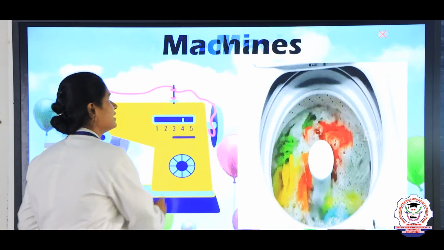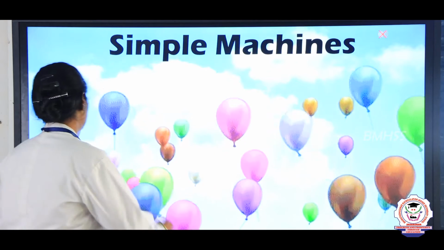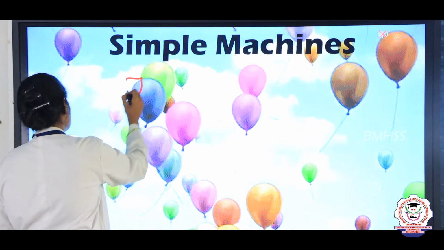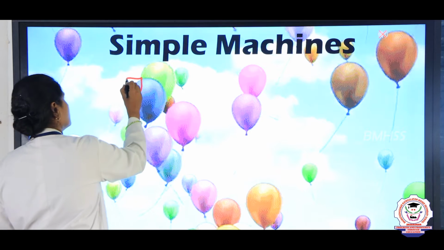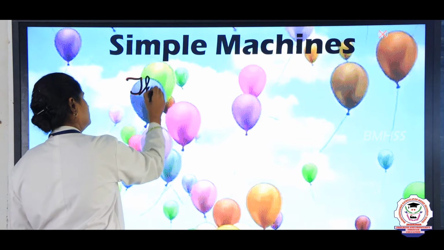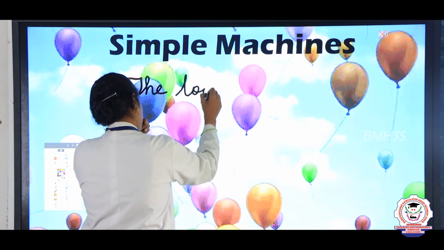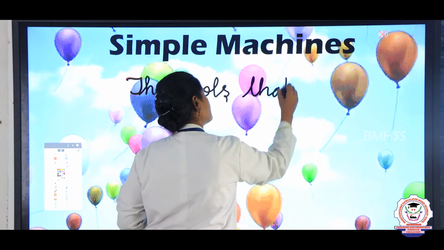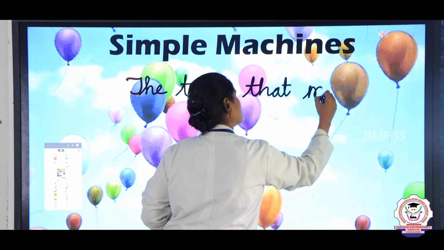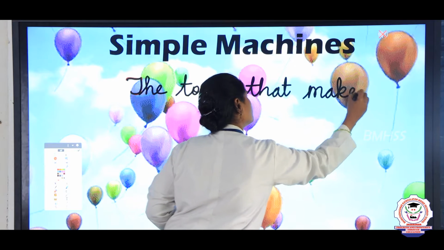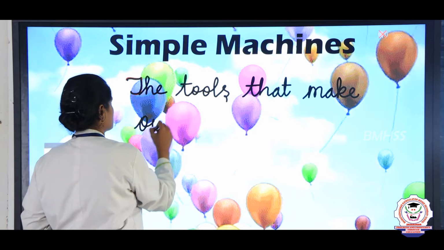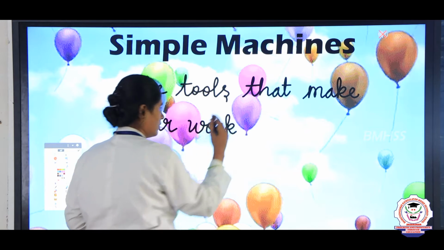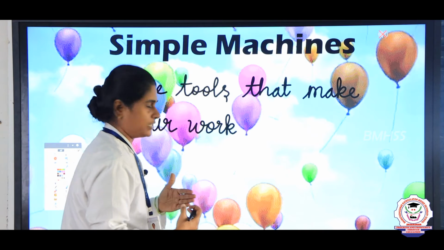Now, let us write what is a simple machine. A simple machine means the tools that make our work or everyday activities easier.